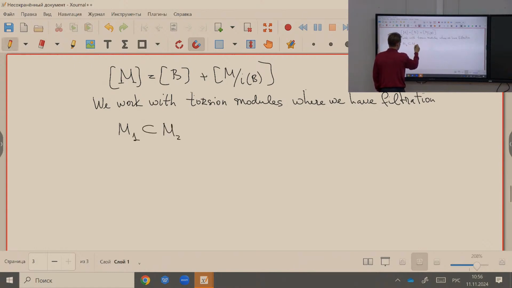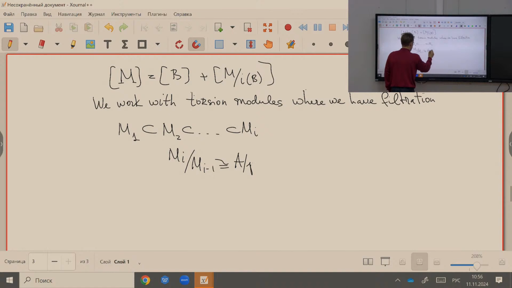So if we consider this filtration, modulo Mi, where Mi minus 1 are isomorphic to A mod pi, we map M to the product of the corresponding pi's that appear in this decomposition.